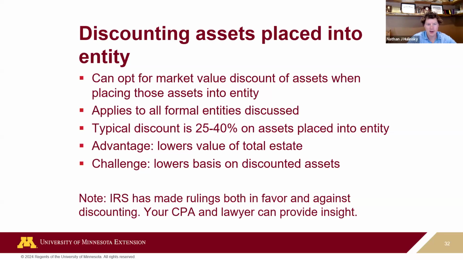So let's say that we have Nathan LLC or Nathan's Farm LLC, and I'm going to be farming with my brother and sister and the whole family, and we want to place some of our assets, whether that's going to be land or cattle or machinery. We can take these discounts and say, hey, this tractor is not worth $100,000, it's worth $80,000. Right? The typical discount here is $25,000 to $40,000, depending on what that is. And again, we can see there's advantages to that.